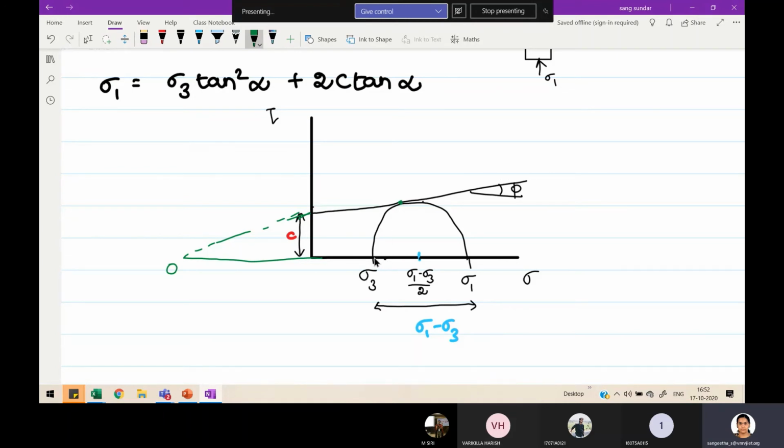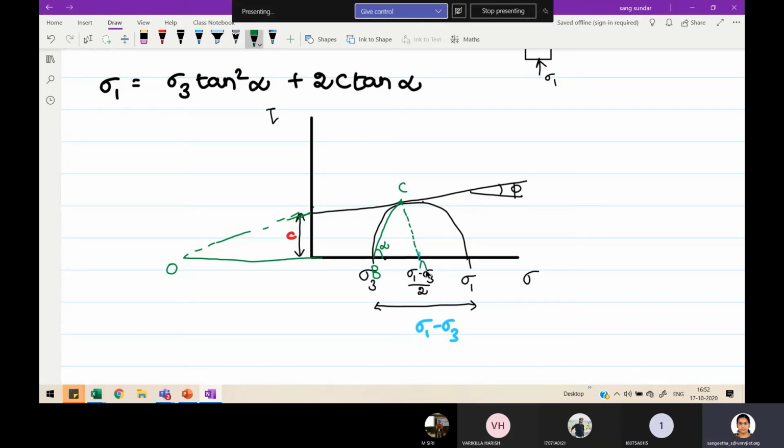Now just draw a line at an inclination of alpha. Let this point be C and this point be B. Then draw the radius. To get this radius, B is already there.